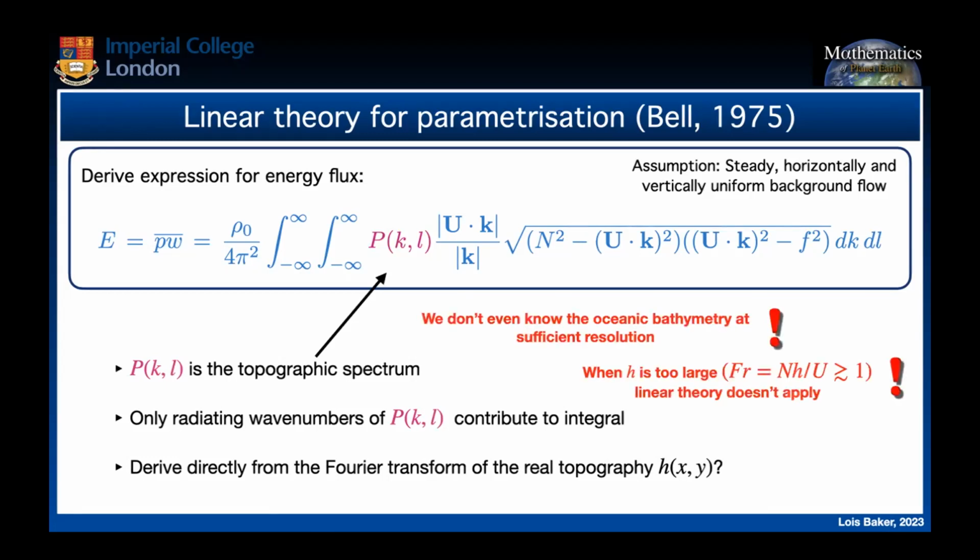So the first problem is that we don't even know the oceanic bathymetry at sufficient resolution to do that. Our knowledge of the oceanic bathymetry, the highest resolution we have, comes from multi-beam surveys from ships that actually go out and in situ take surveys of the seafloor. And that might be at around 1 kilometer resolution or less.